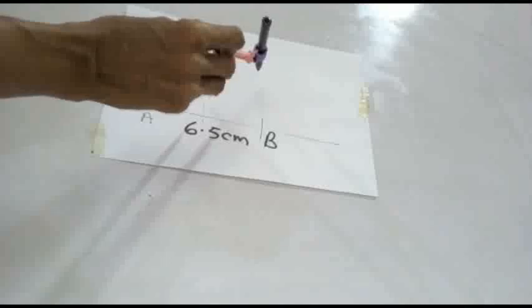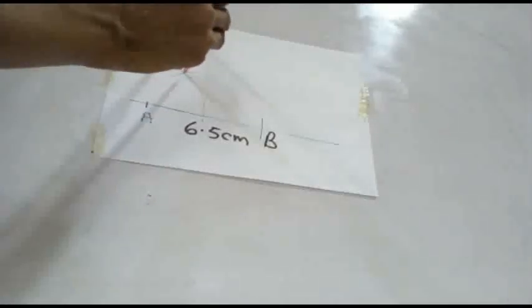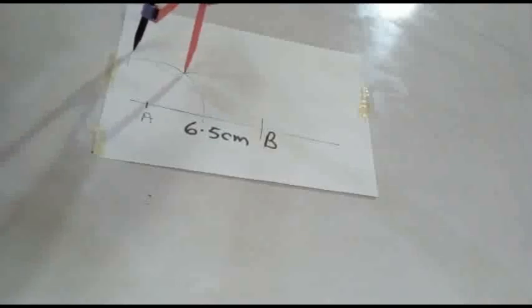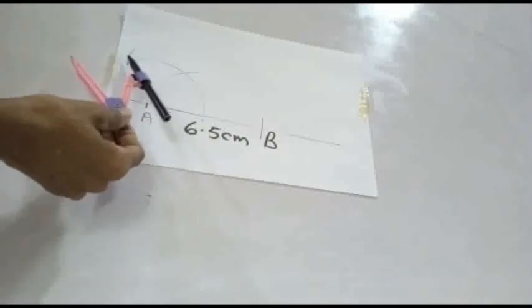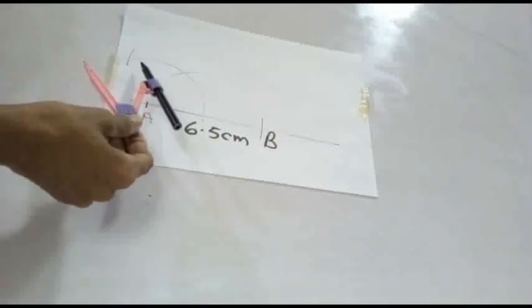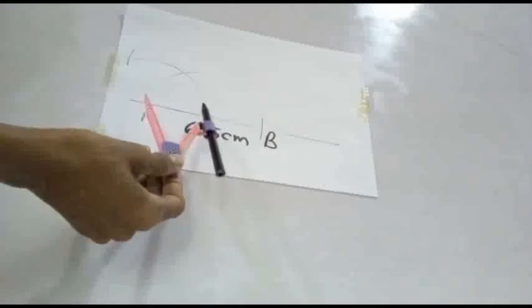With the same radius, take this intersected point as the center and draw another arc. Now here 60 degrees and 60 degrees. 90 is equal to 60 plus 30.